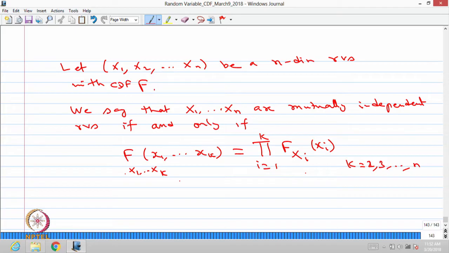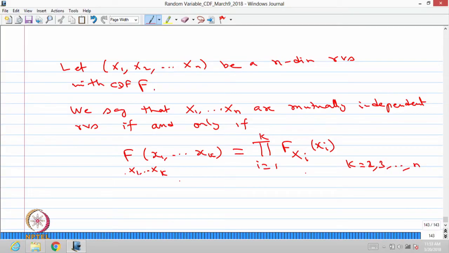This means if you take any two random variables, the CDF of those two random variables is the same as the product of the CDFs of only those two random variables. If I take any 5 random variables when n is greater than 5, then the CDF of those 5 random variables is the same as the product of their CDFs. Then we conclude they are mutually independent.